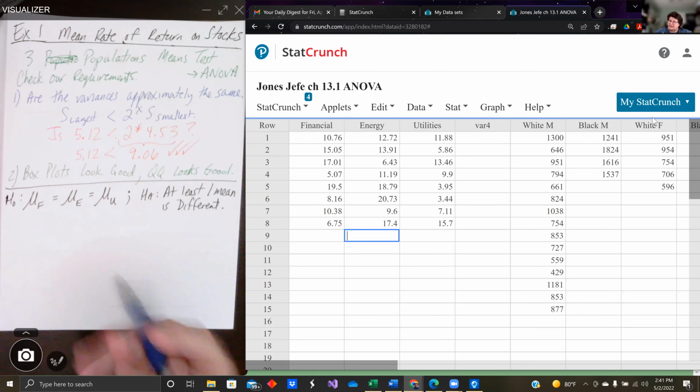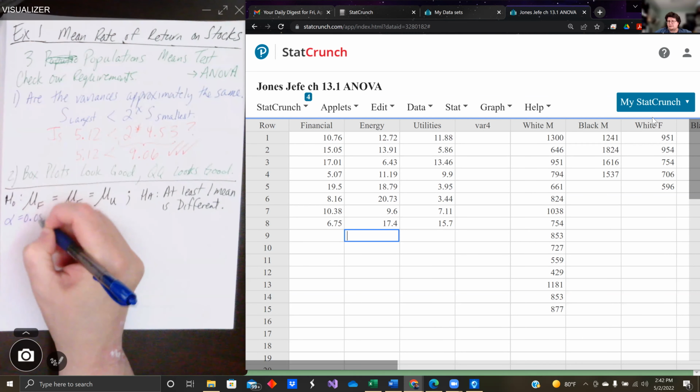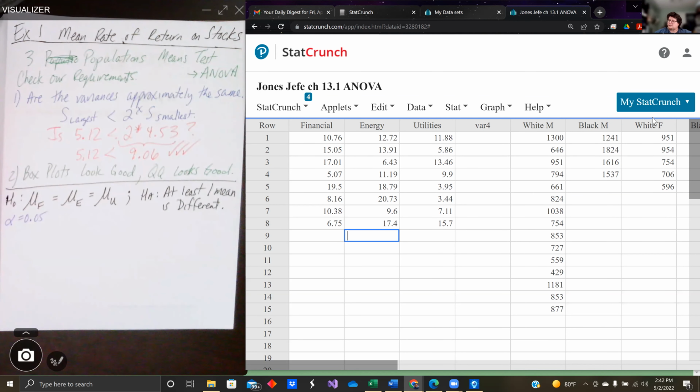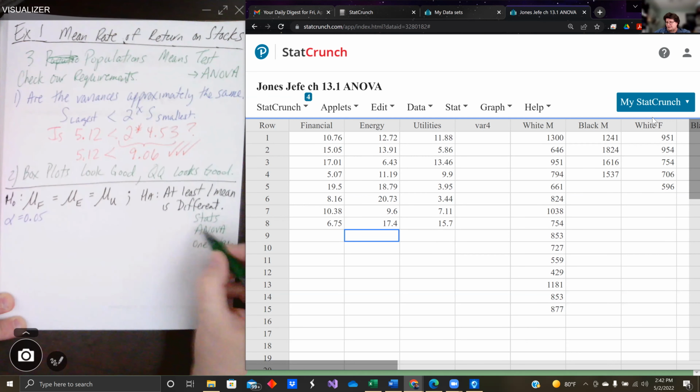Now the problem gave us alpha. Alpha was 0.05. And we will use stats, ANOVA, OneWay for our test.